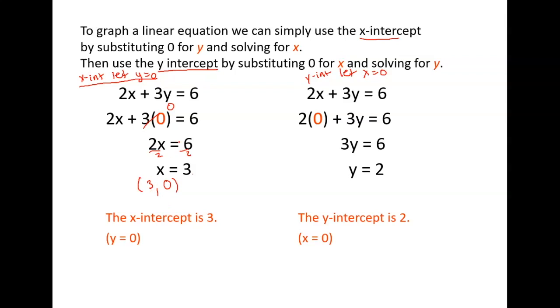I let my y equal 0 and subbed it into the formula, and then over here, I let my x equal 0. So I had a 0 here, so that becomes a 0. I get 3y equals 6, y equals 2, and I'm done. So I get 0 and 2. So those are my 2 points, and I could graph using these two. So it looks something like this. So the first one, 3 and 0, and then 0 and 2. So that's what my equation looks like.